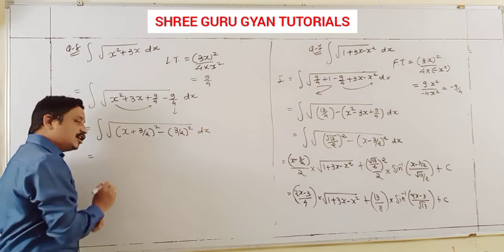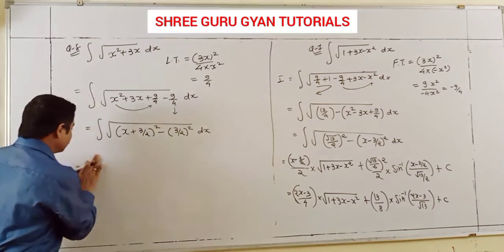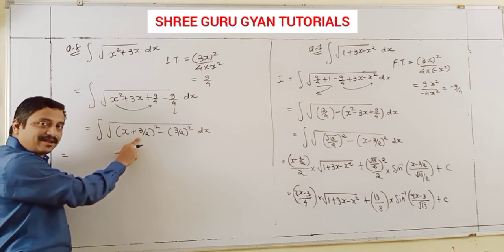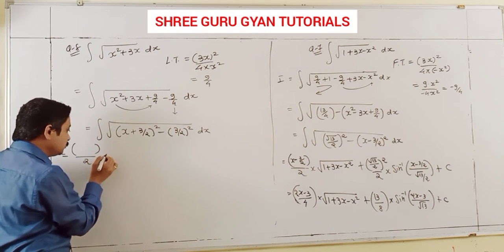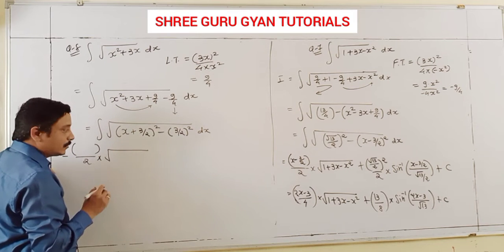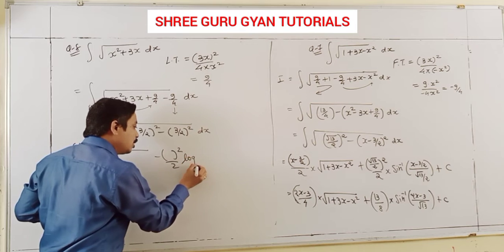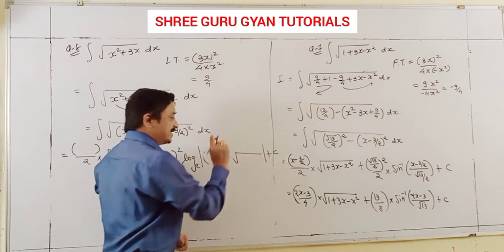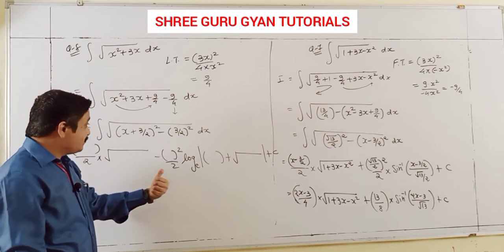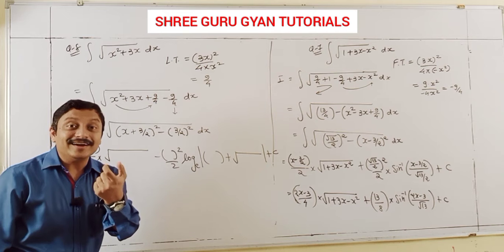Now wait and think about that. What is the formula? Yes, students, my formula is variable square minus constant square. So x by 2 root minus a square by 2 log x plus root. Yes, here bracket-wise I show that, students, very easily and quickly understanding.